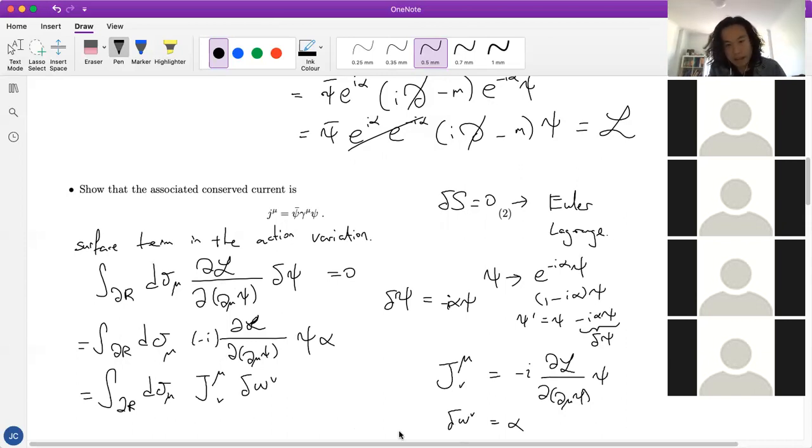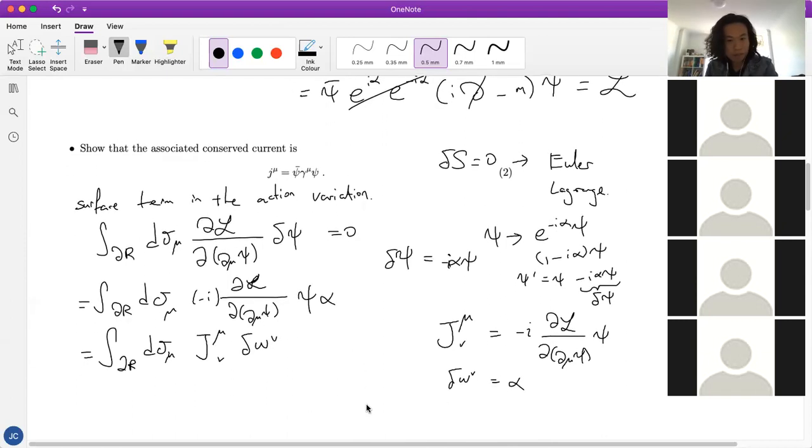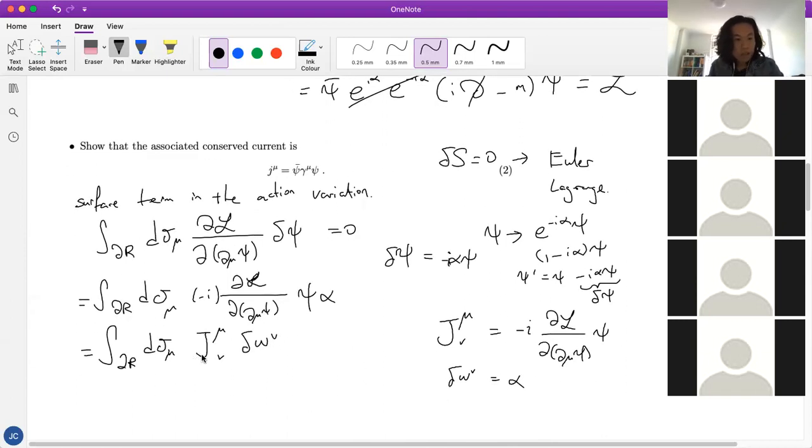So that's why you write it in this way, to have this δω^ν term to give you the contingency that you can actually make this small parameter a space-time dependent quantity. But in this case, our small parameter is just alpha, which is in this gauge transformation. And since it's global, it doesn't depend on anything. So it's just a number. But this leaves us the possibility that we can make this a full 4-dimensional space-time infinitesimal.